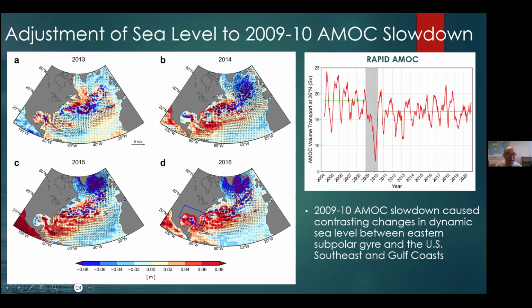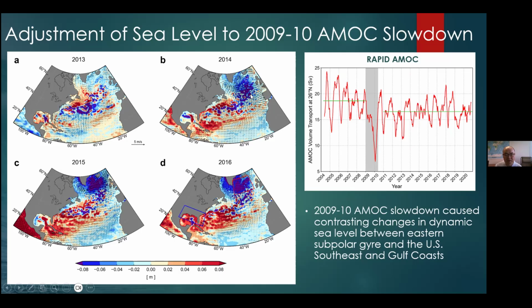In 2013, this is altimetry data for these 4 years, there is a positive dynamic sea level anomaly north of the Gulf Stream and a negative dynamic sea level anomaly south of the Gulf Stream. In 2014, a negative dynamic sea level anomaly region emerges at about 50 degrees north.